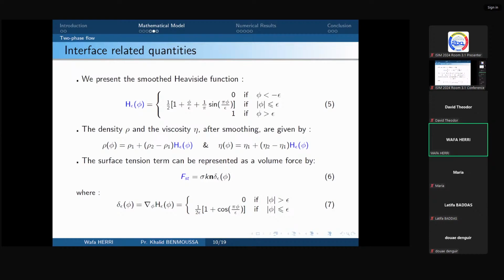For example, here we define the density of the fluid as follows, and we use a similar expression for the viscosity here. Additionally, the delta function is used to define quantities on the interface, such as the surface tension, which is presented as a volume force here, where sigma is the surface tension coefficient.